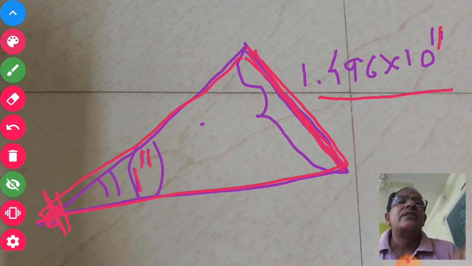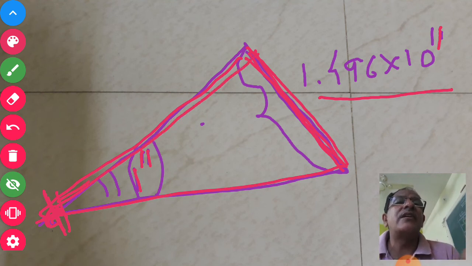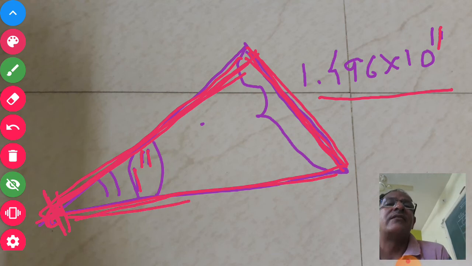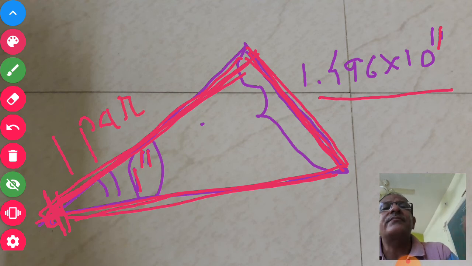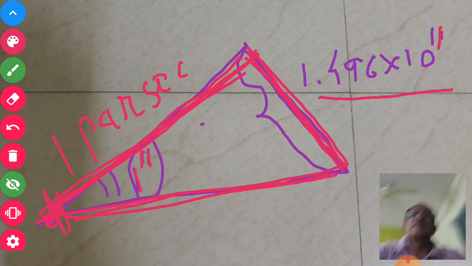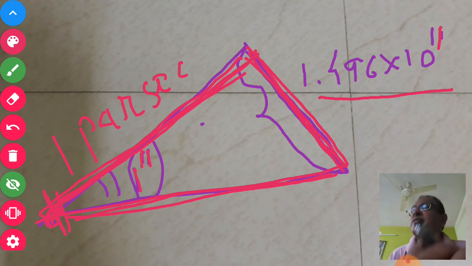This particular distance is nothing but 1 parsec, which is 3.08 into 10 raised to 16.